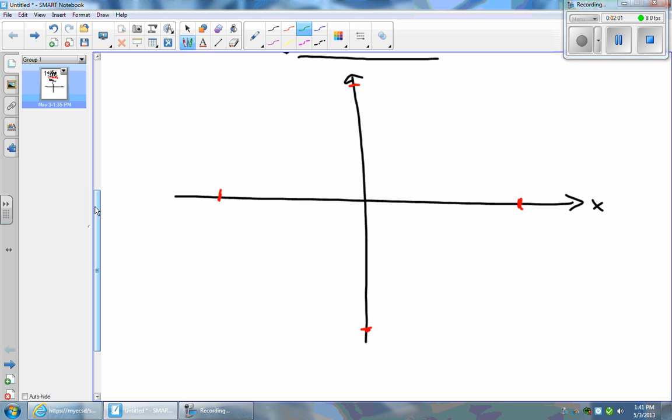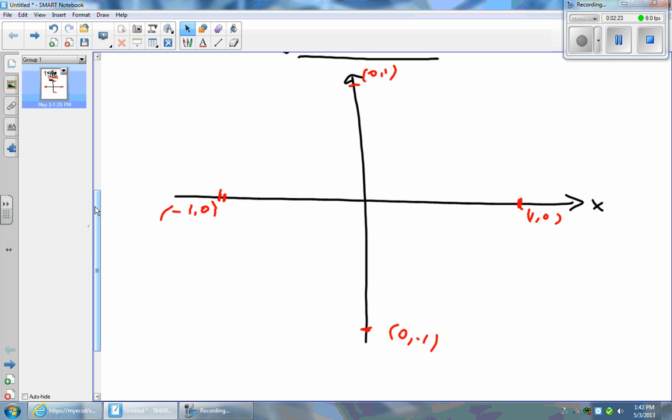Every one of these is 1, 0. That will be 0, 1. Over here will be -1, 0. And this one down here will be 0, -1.